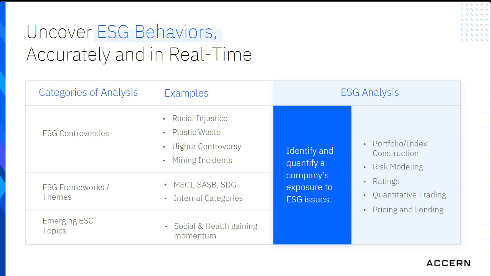Or it is around ESG frameworks. So let us say you want to see how the MSCI ratings compare with the online social media conversations. You should be able to do that. Or identifying emerging ESG topics, for example, social and health, gaining momentum in a particular category.